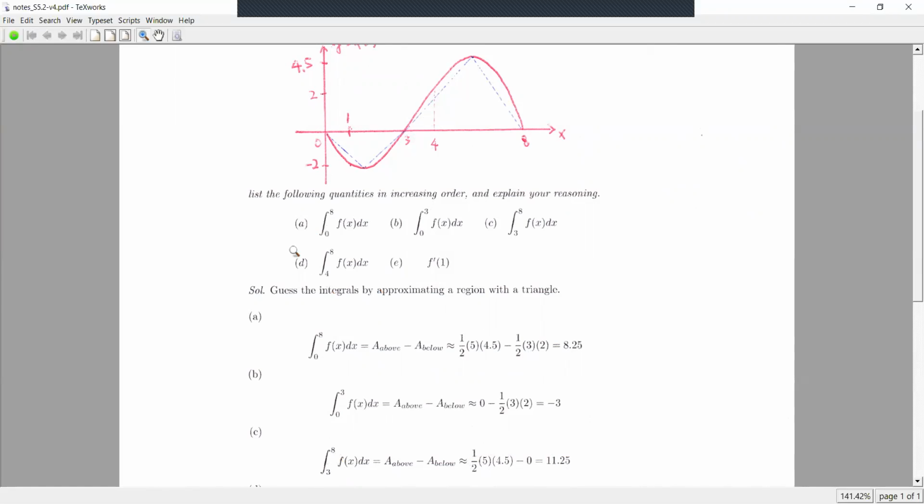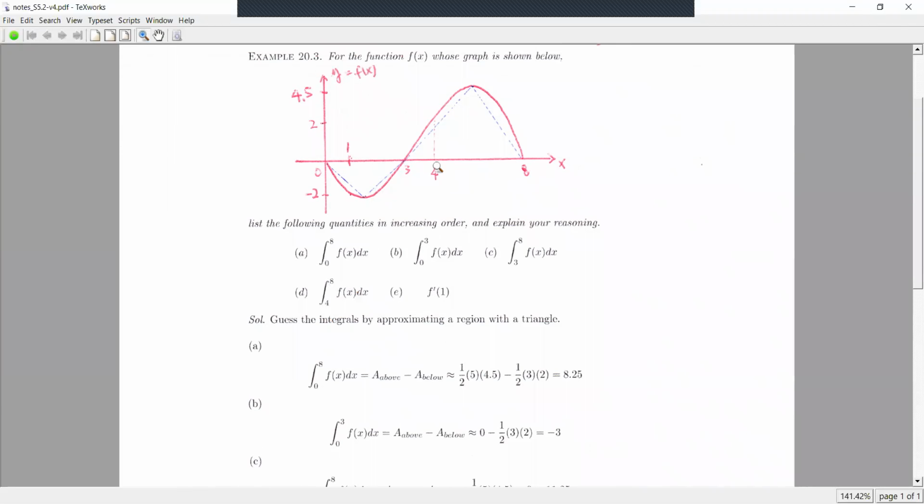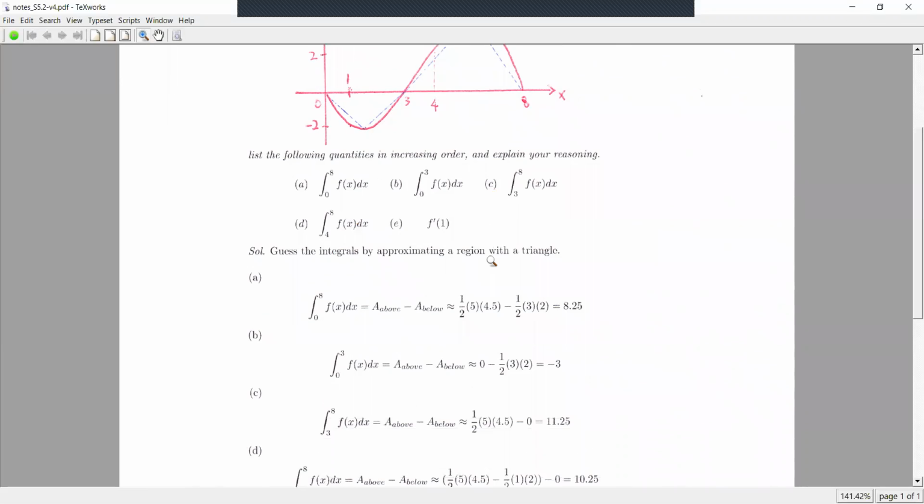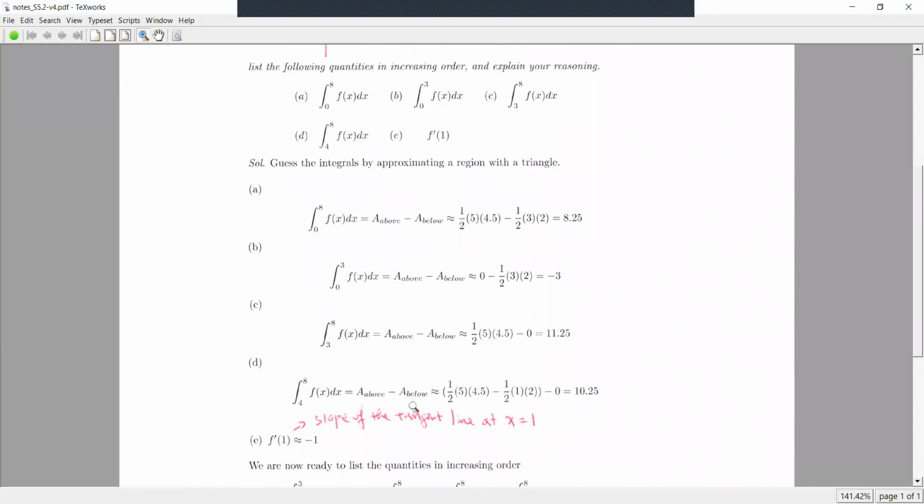Now, the fourth integral, integral from 4 to 8. This is the net area of the region between 4 and 8. This region has no part below the x-axis, so the area below the x-axis is 0.